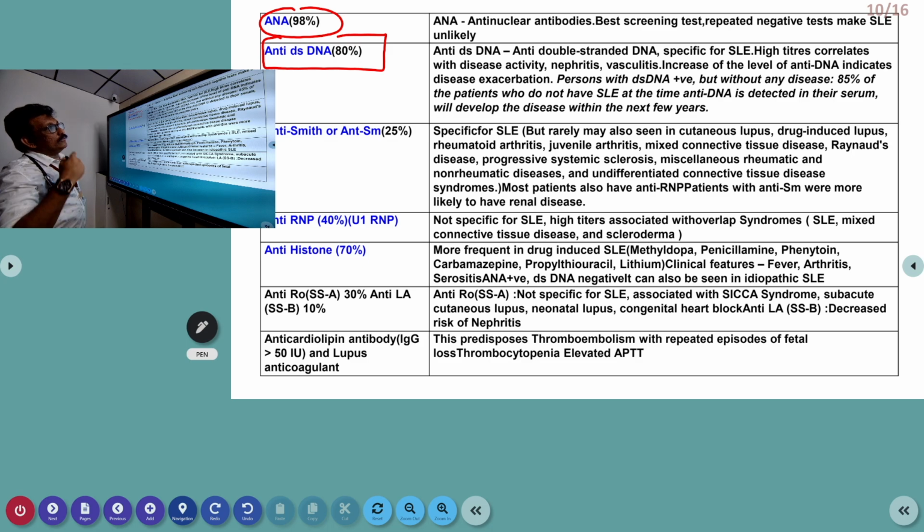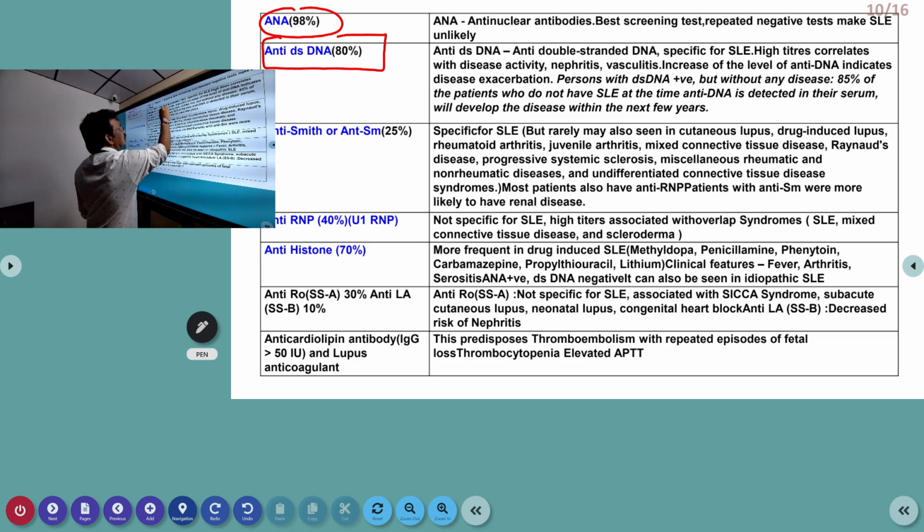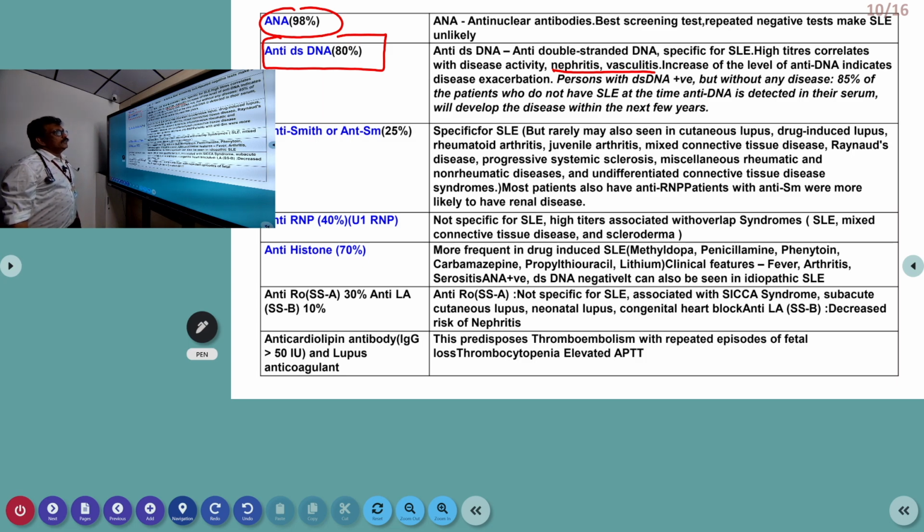It is specific for SLE, so it may not be positive in many other diseases. High levels of anti-dsDNA always tell you that the disease activity is very, very high, and it is very classically seen in nephritis and vasculitis. The dsDNA positivity means there is a high possibility of renal involvement and vasculitis.